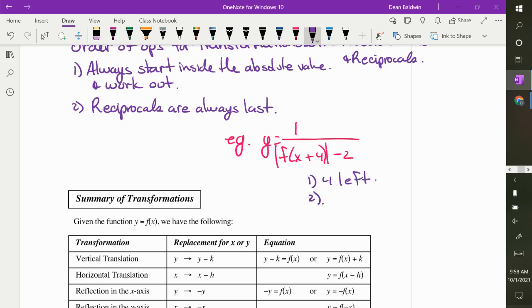Then you start to work your way out. The second thing you run into is what? Well, the f just represents the function. The absolute value. So the second thing when you're working your way out is the absolute value. So then that's the second thing you do. Now you're on the outside of the absolute value. What's the next thing you hit? Which tells you to do what? Go down 2.